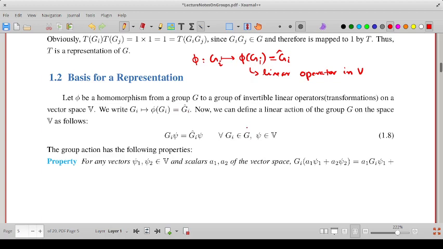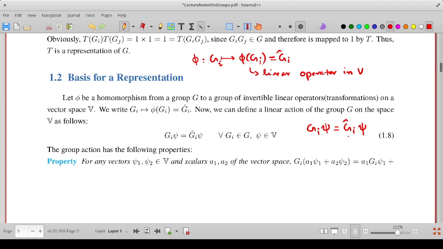And once that is done, we can define what is called a linear action of the group on the vector space V in the following way. So the linear action of the group element Gi on an arbitrary vector psi in the vector space V is defined to be equal to the action of the invertible linear operator Gi hat on psi.